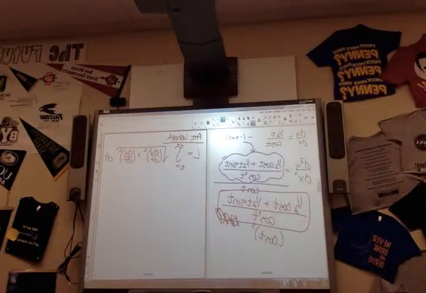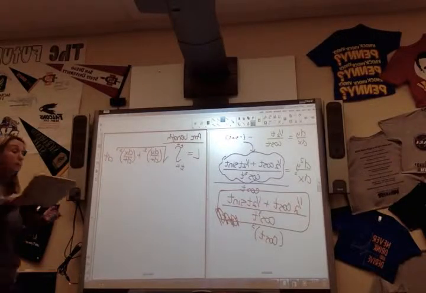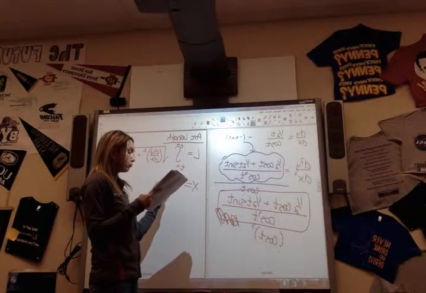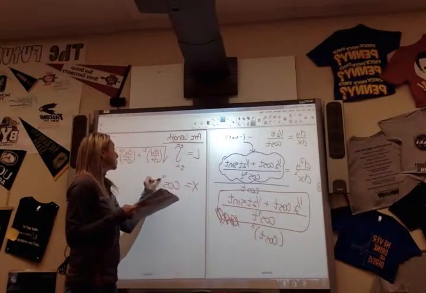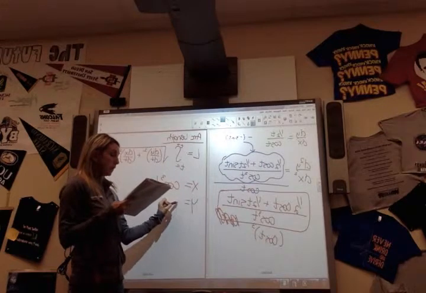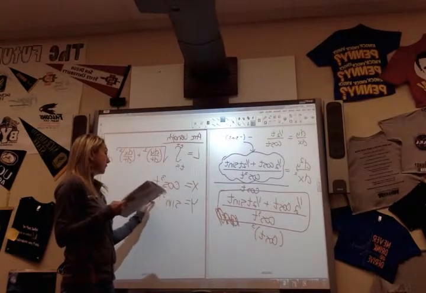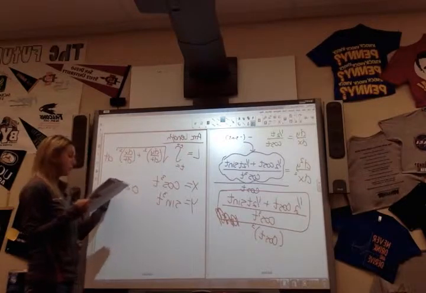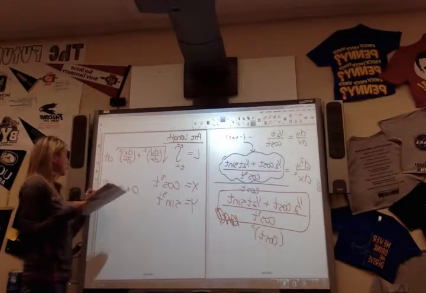So I'm going to do just a super fast sample, make sure you guys know how to do it. So if I give you x is cosine cubed, and y is sine cubed, and I am asking you to find the arc length from 0 to pi over 2.